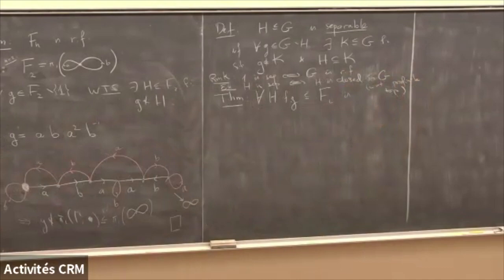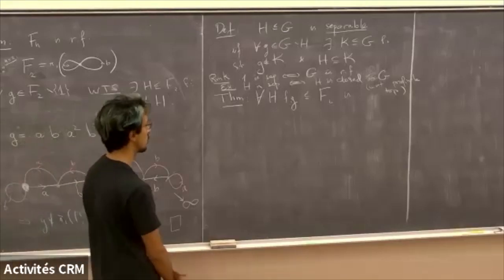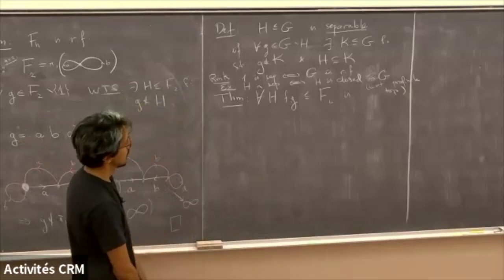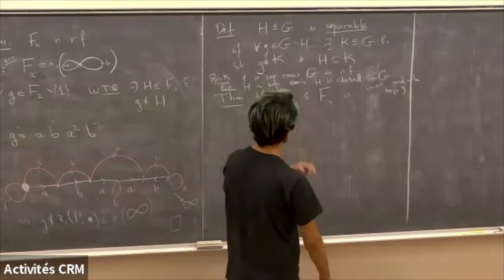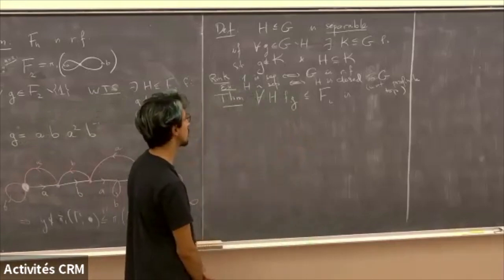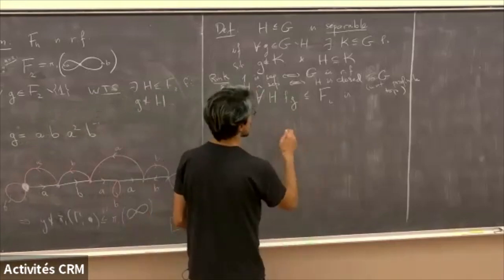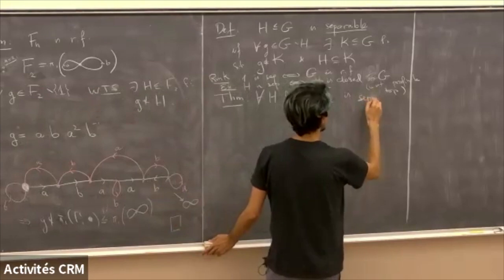So for a group topology, Hausdorff would be the same as saying that the points are closed. Okay, so the theorem is: for every finitely generated subgroup of the free group, we know that it must be separable.